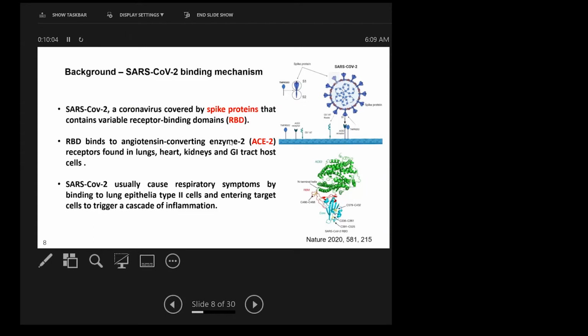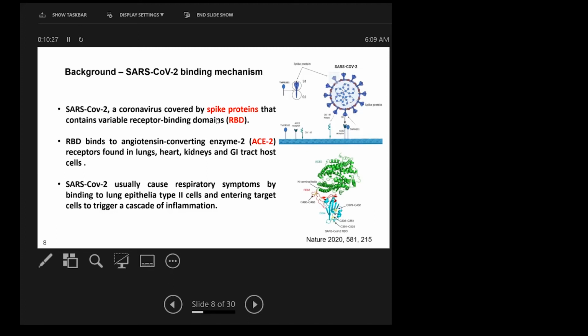So in order to achieve this purpose, we need to functionalize the algae with some materials. So here we go back to the SARS-CoV-2 binding mechanism and infection mechanism to humans. We can see here the SARS-CoV-2 is covered by the spike protein, and they contain a variable receptor binding domain called RBD.